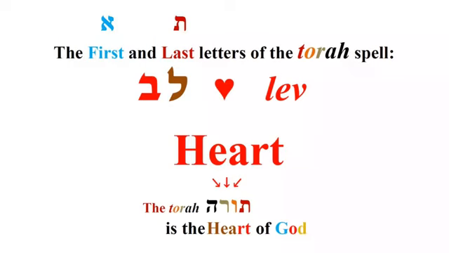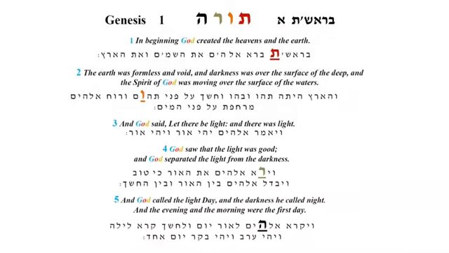Kind of nice. Now, something very clever that he's done in the Torah is, here's Genesis 1, the first 5 verses. And if you can see, I've highlighted it big. There's Torah across the top. Tav, Vav, Resh, Hey. In the first verse, in the beginning God created the heavens and the earth. That first word, Bereshit, the last letter of Bereshit, I made it a big Tav.